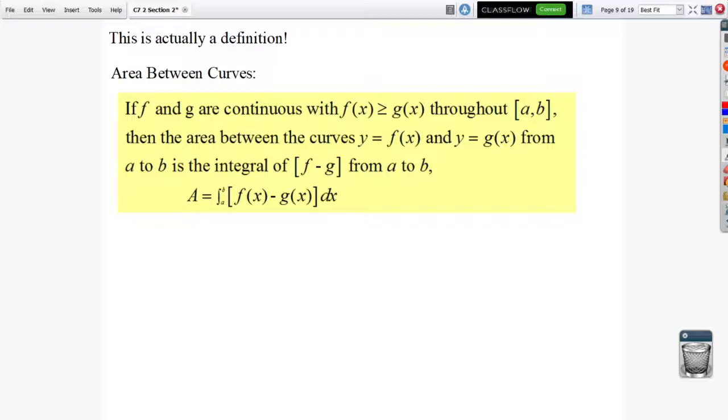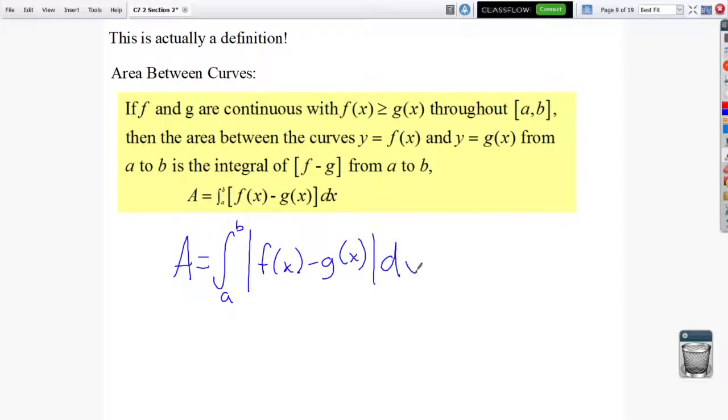Okay, there is a cheat to this one if you want to see it. If you are going to use a calculator, which sometimes does pop up, you can remove any negativity from the function really easily. The cheat way to do this, if you grab your calculator, is the area is equal to the integral from a to b of the absolute value of f of x minus g of x dx.